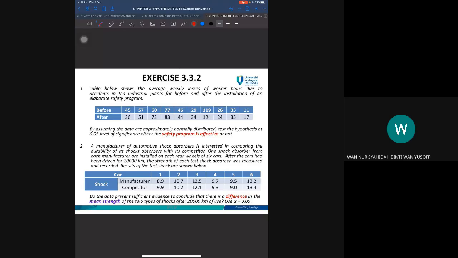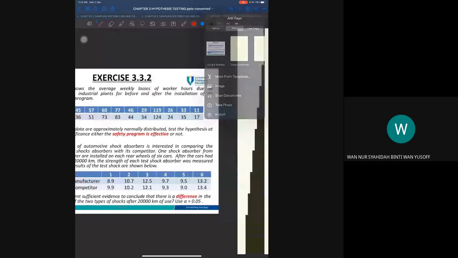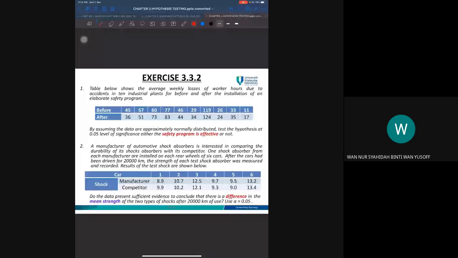First one, hypothesis. What is the variable in this question?